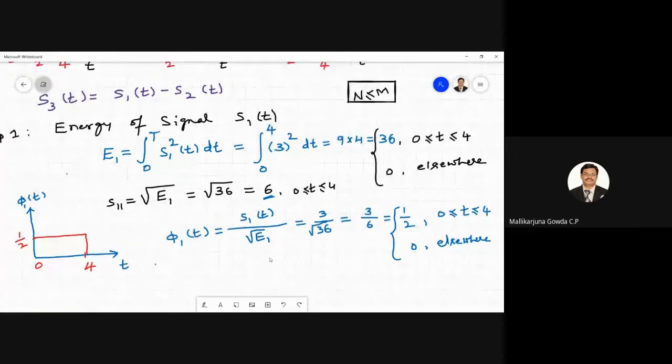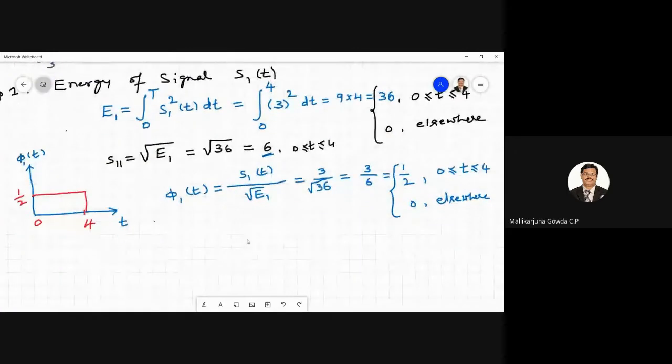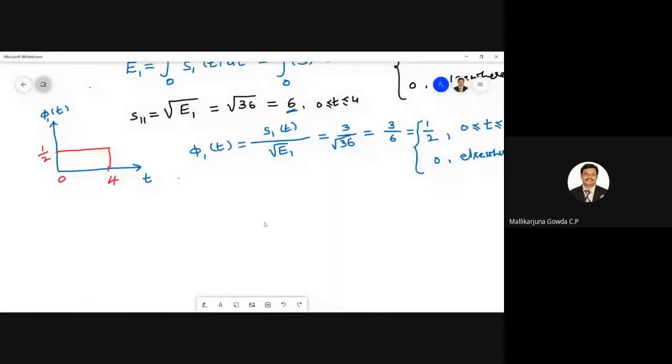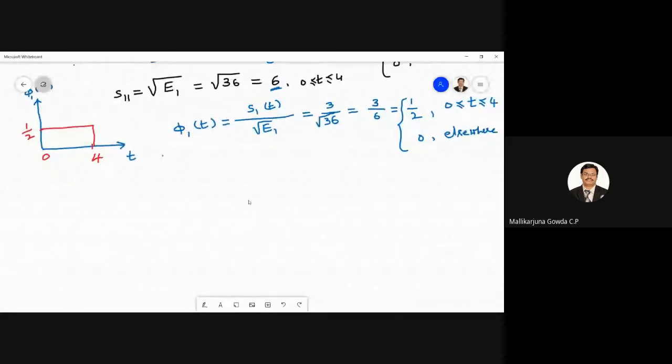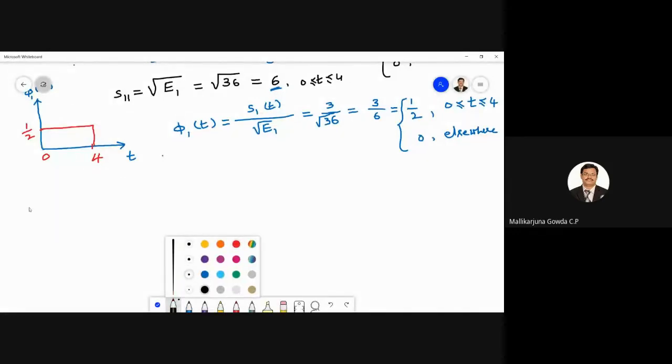So the next step is, any one of you can say what is the next step? What are we supposed to do? Finding G2 of t, sir. Yeah. In step 2, our goal is to determine phi 2 of t.